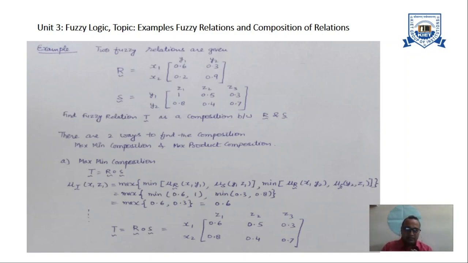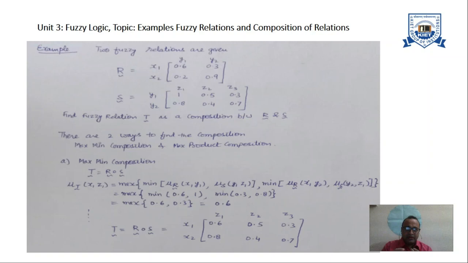Now take another example, from Ghaziabad to Agra. Say the condition is good but not fantastic, so I am giving it the membership value 0.7, and from Agra to Lucknow it is 0.8. So we take the minimum value of the complete path. If I am going from Ghaziabad to Lucknow via Agra, the minimum value will be 0.7.